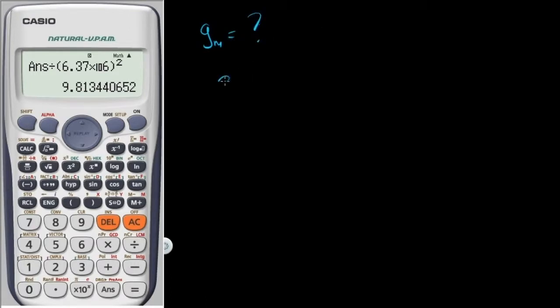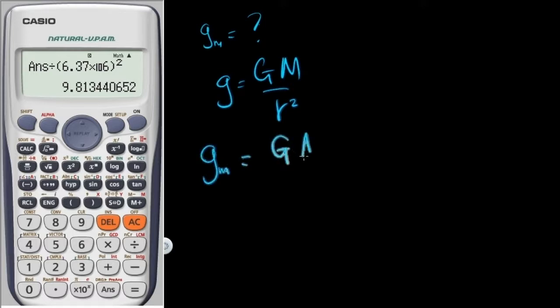So by using the formula G equals to GM over R square, what do we need here if we want to find G moon? So what we need is G, mass of the moon, and also radius of the moon. So let's find the value of mass of the moon first.